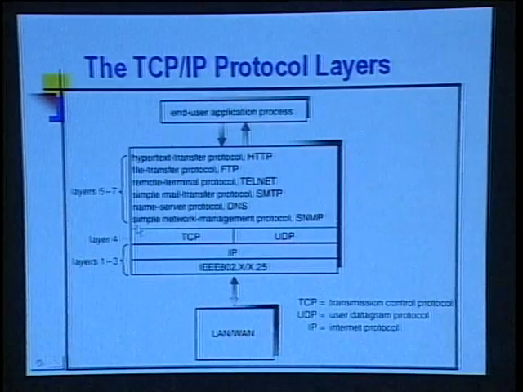This is how the TCP/IP protocol layers can be compared with the 7-layered OSI reference model, which is universally used for the communication between the networks.